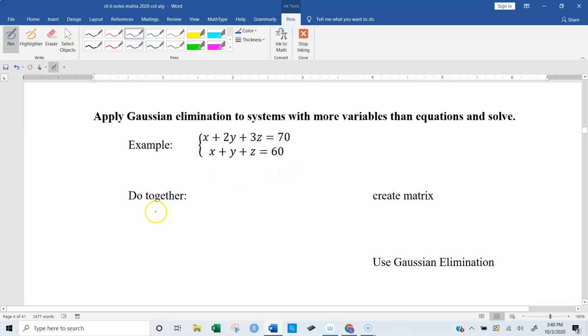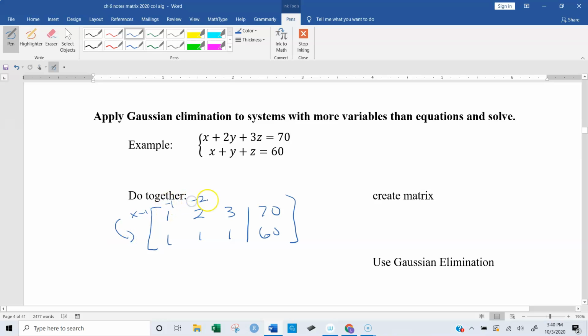So the first thing we have to do is get rid of a variable. Or we have to get a 0. So I've got 1, 2, 3, 70, and 1, 1, 1, 60. Well, I just have to get a 0 anywhere. It doesn't matter where, as long as I can get it down to 1. So I'm just going to take this guy times negative 1 and add it down.